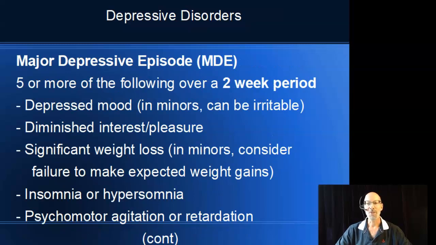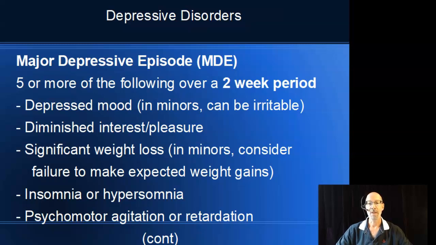Major depressive episode. 5 or more of the following over a 2-week period. Again, duration, 2-week period minimum. Depressed mood; in minors, it can occur as irritability or anger.